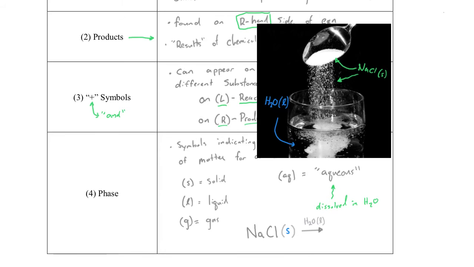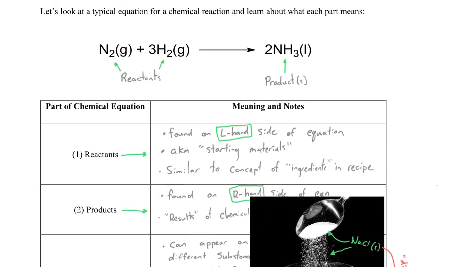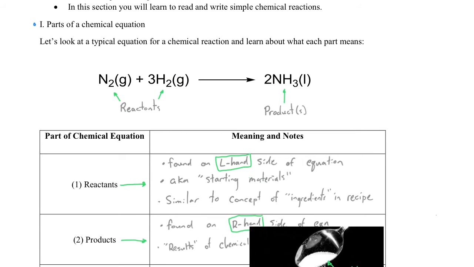To make NaCl as a liquid, we would have to heat the solid up to something like 800 degrees Celsius for it to melt. That's not the same as if we dissolved it in water. If we take solid sodium chloride and put it into water and stir it around, we can do that at room temperature. We would represent that with the symbol NaCl with an (aq) next to it to represent an aqueous solution.